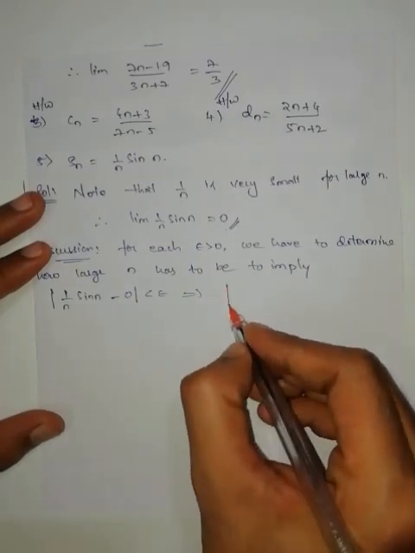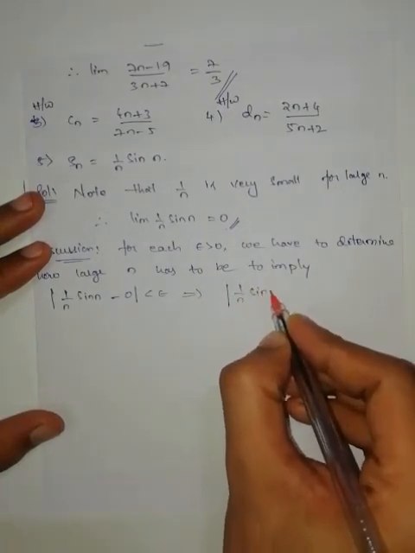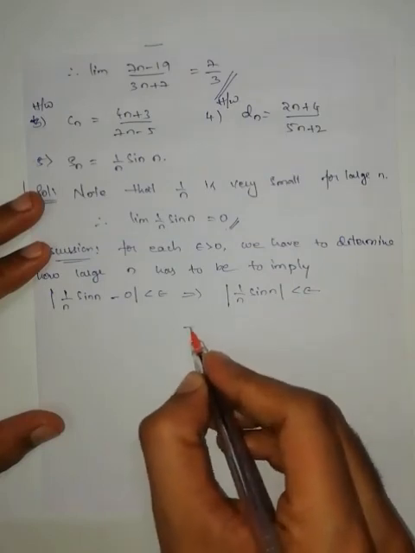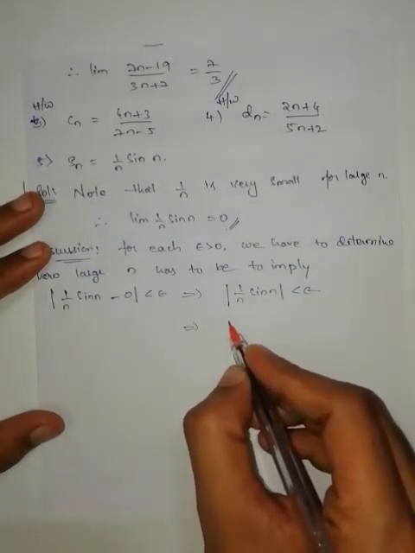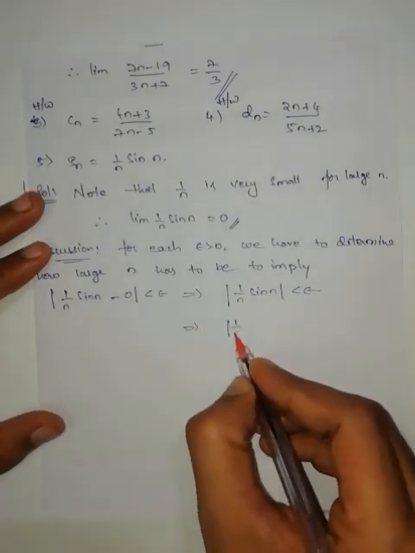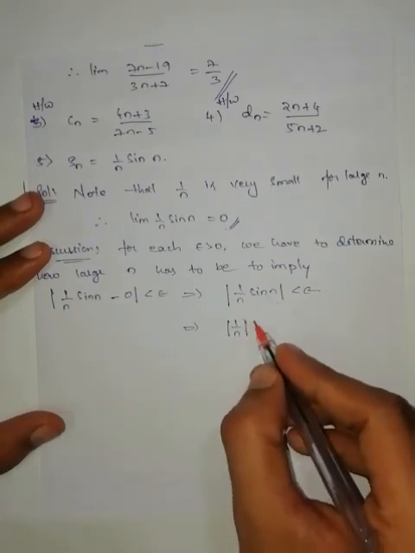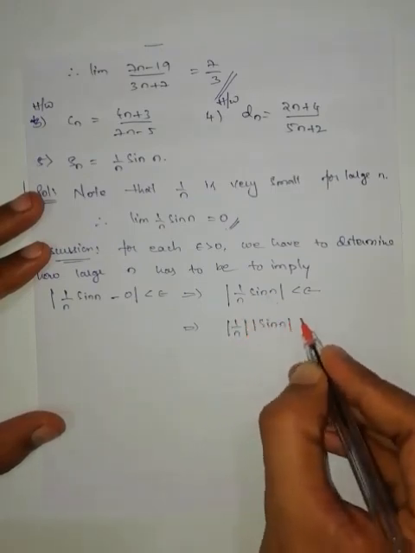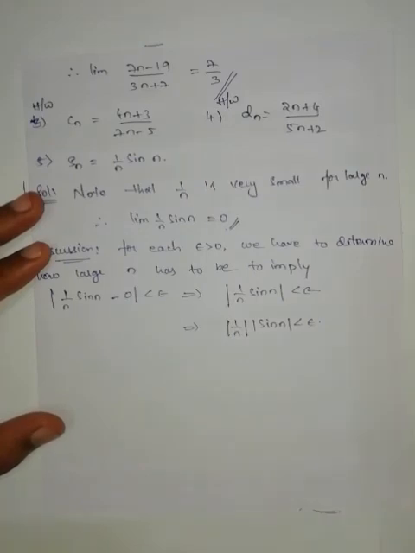This is nothing but modulus of 1 by n sin n is less than epsilon. Modulus of AB can be written as modulus of A into modulus of B, less than epsilon.